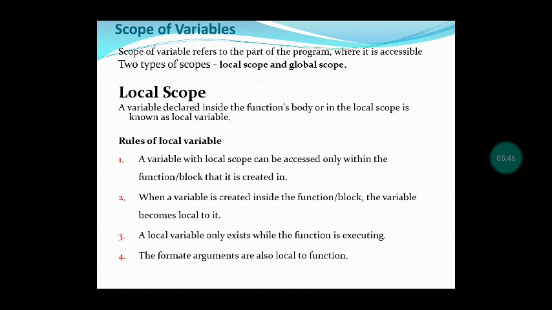So these are the rules for the local variable. Main thing in the local scope is it is declared inside the function body, and it can be accessed only within the function body. These are the two main points for the local scope.